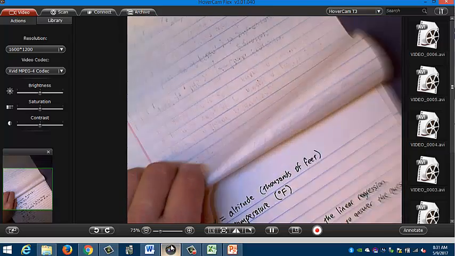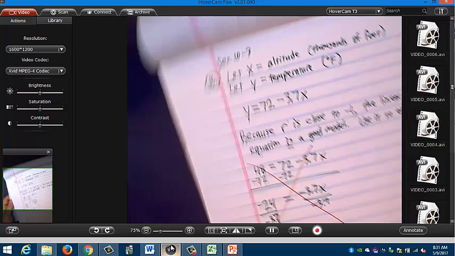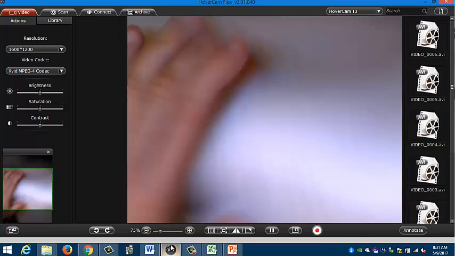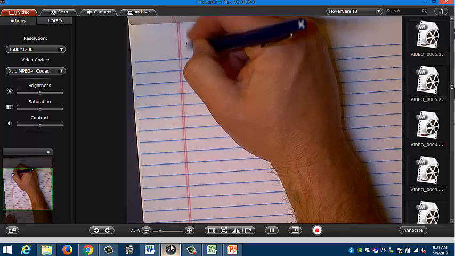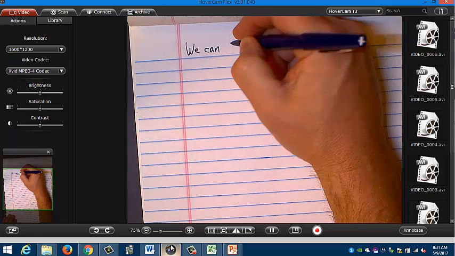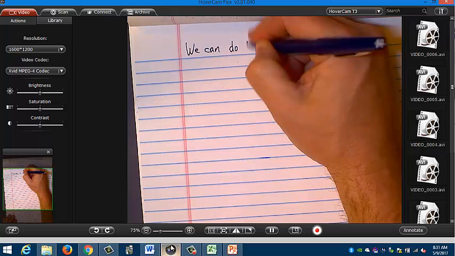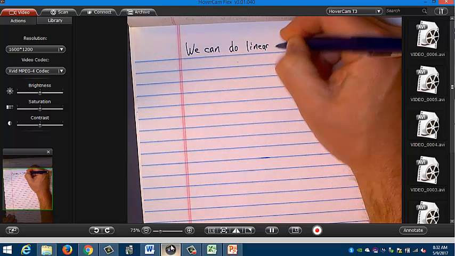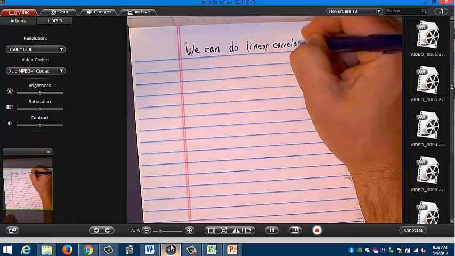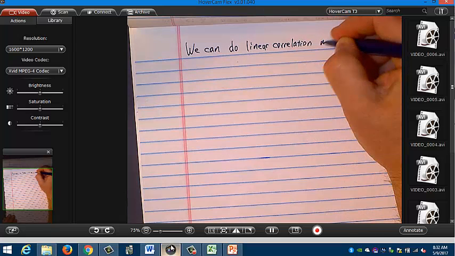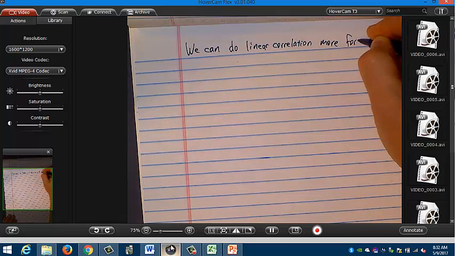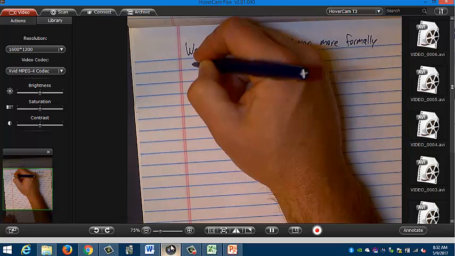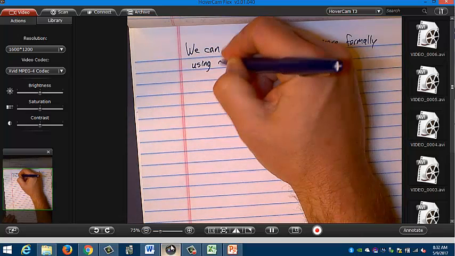If you guys look here, I have a few things to do with you. I guess what I'm saying is we can do linear correlation more formally using a hypothesis test.